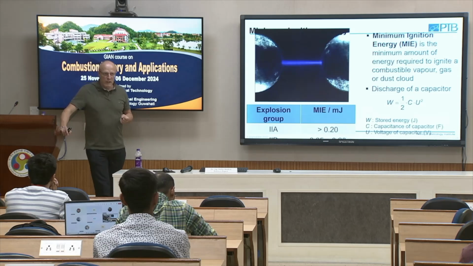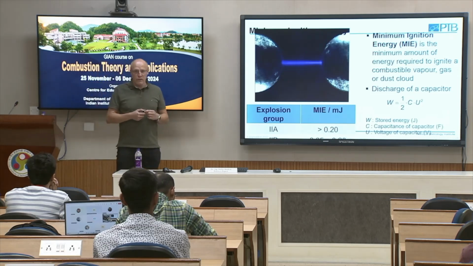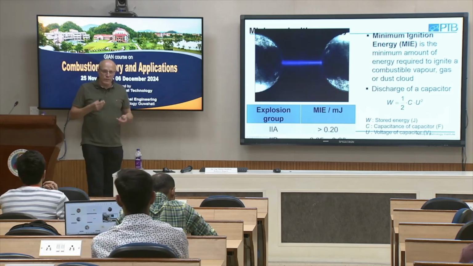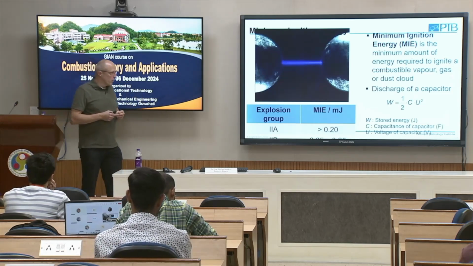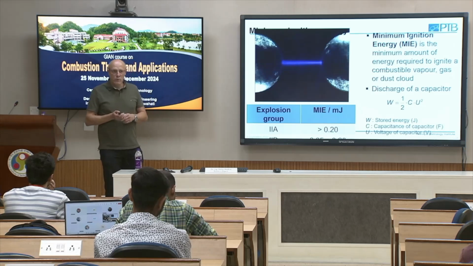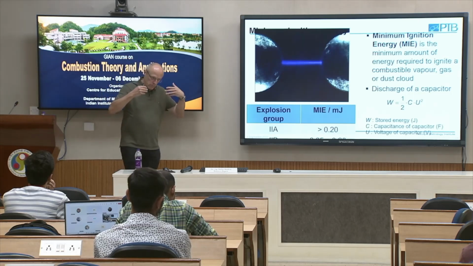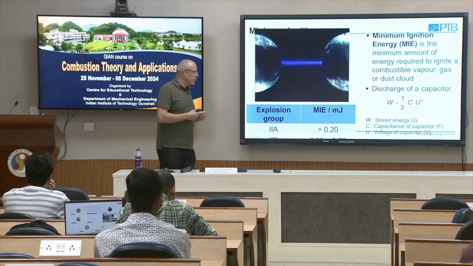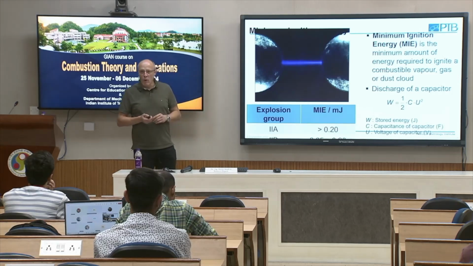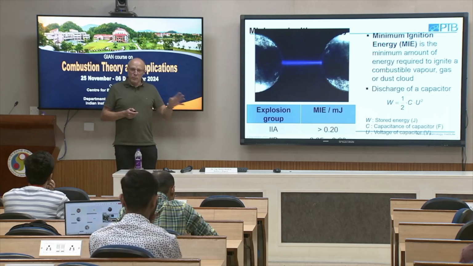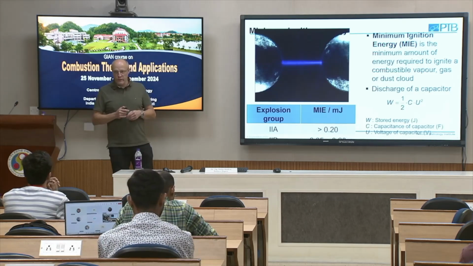Propane has a minimum ignition energy of 420 microjoule, so much safer to handle. And when we go to ammonia, we have a minimum ignition energy of 15 millijoule. So nearly 3 orders of magnitude more energy is necessary to ignite ammonia compared to a hydrogen air mixture.